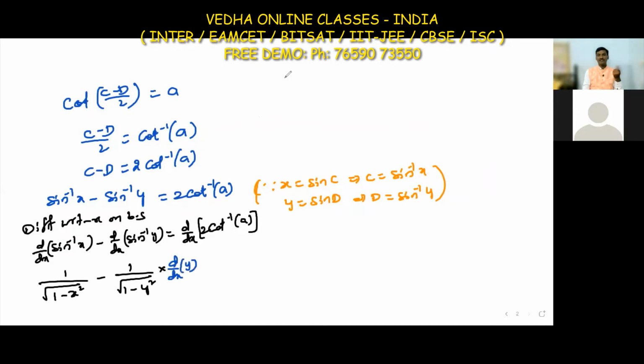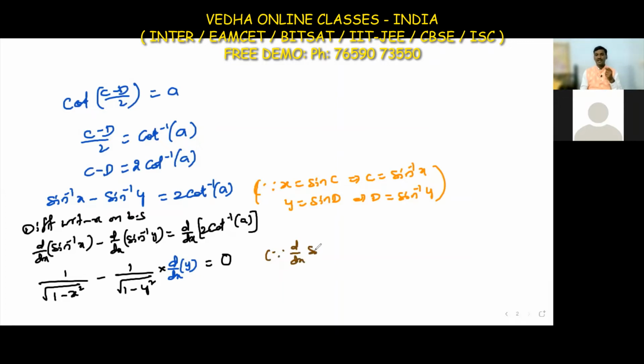If you take the right side, 2 is a constant, cot inverse of a is also a constant, so all the terms are constant, and d by dx of a constant is 0.